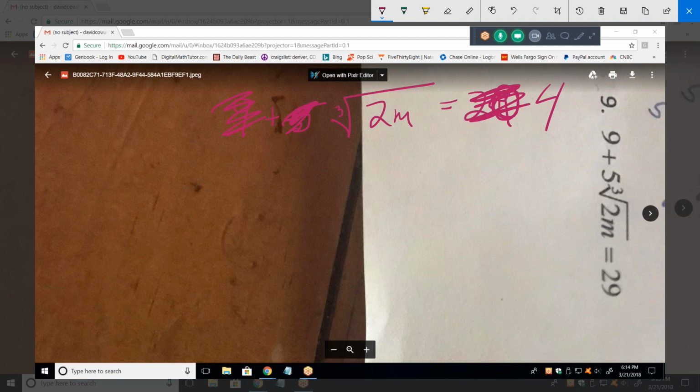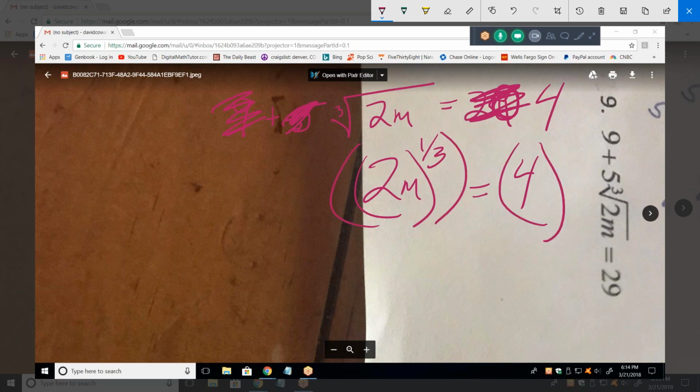Now, if I wanted, I could write this like this. Might make it a little easier to see what the next step has to be. Okay. So now do you do the reciprocal thingy?